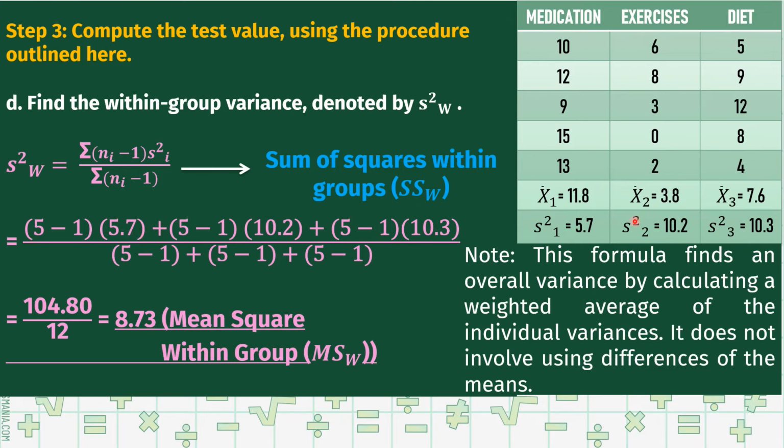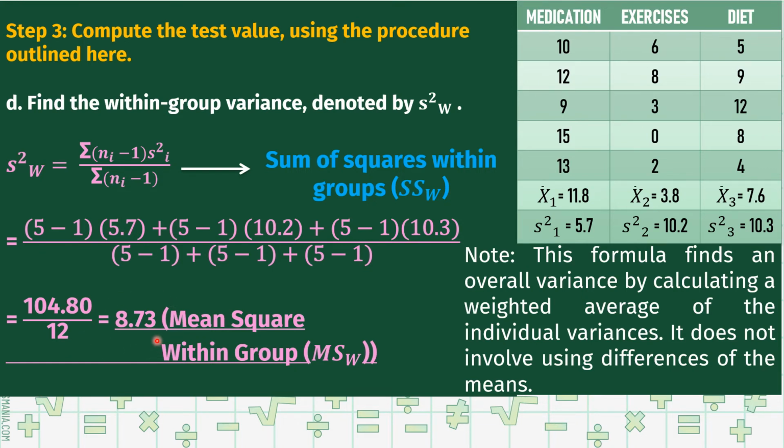Multiplied by the variance in the first group, which is 5.7, plus 5 minus 1 multiplied by the variance of the second group, which is 10.2, plus 5 minus 1 multiplied by the variance of the third group, which is 10.3, all over 5 minus 1 plus 5 minus 1 plus 5 minus 1, arriving at 104.80 divided by 12, which is equal to 8.73.